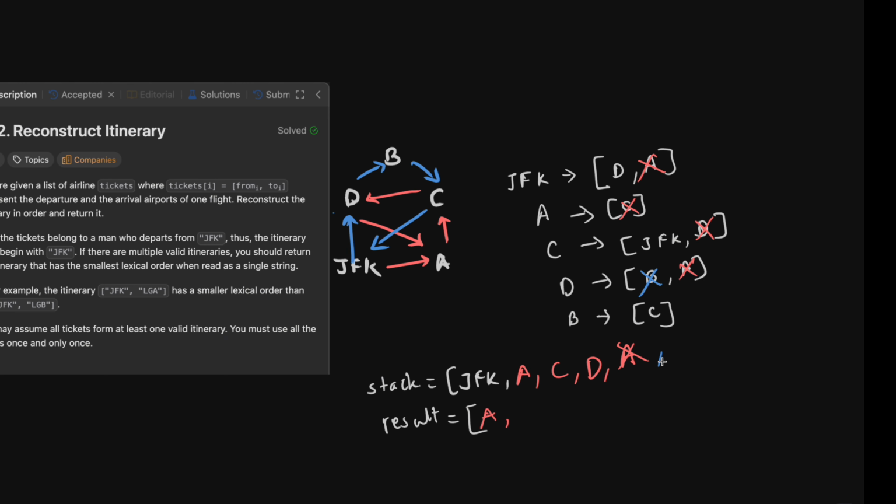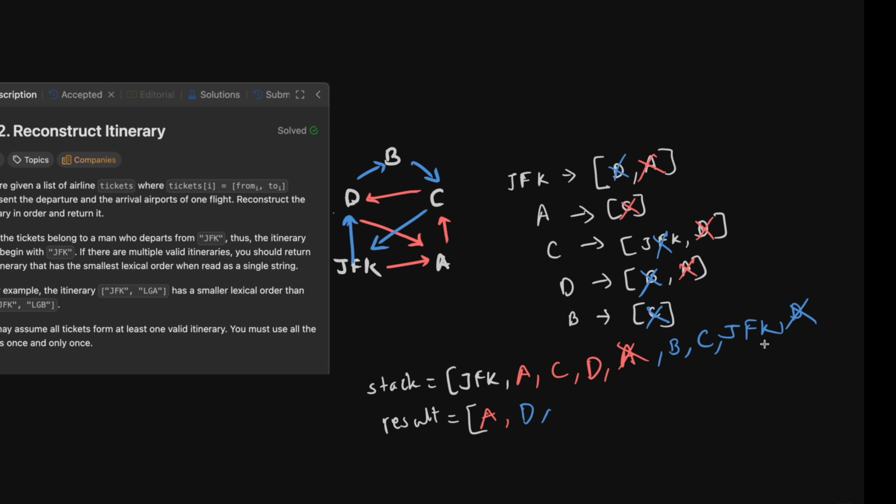So you pop here and add B. You go to B, you see C, you pop C, add C here. You go to C, you pop JFK, and you go to JFK, you pop D. Once you add D here, you go to D and you see there are no more neighbors, so we can end our loop here. So what we do is now we pop from this and add D here.